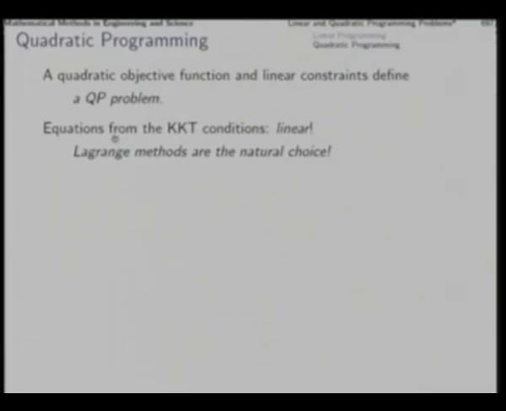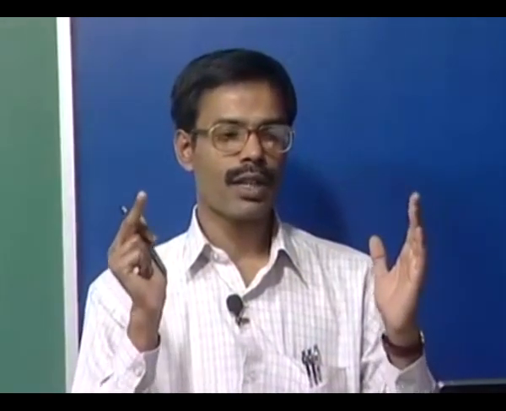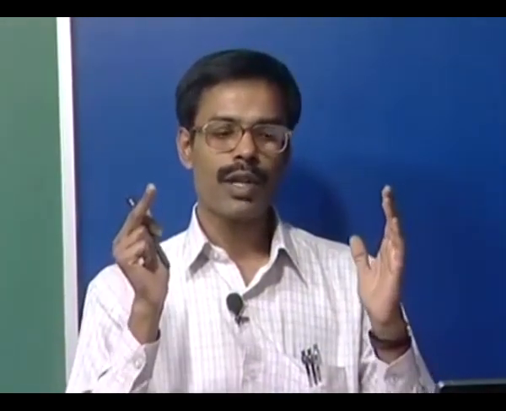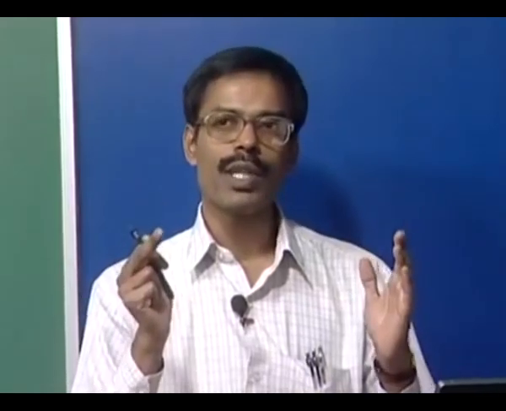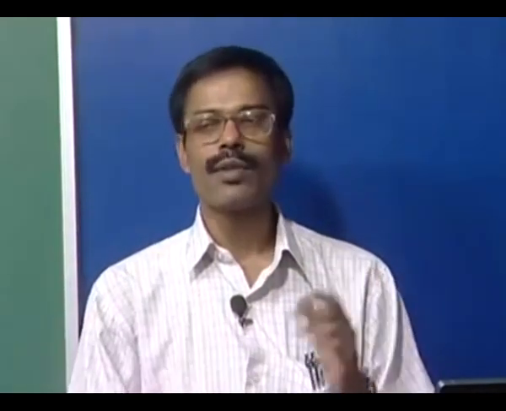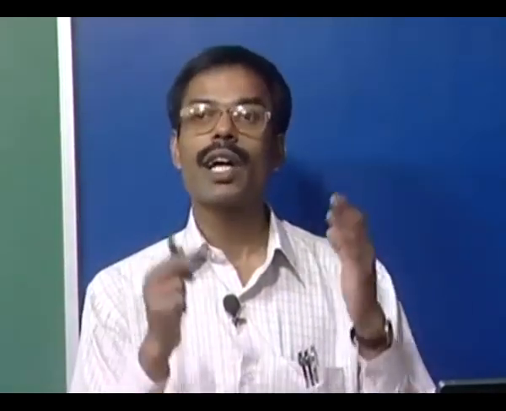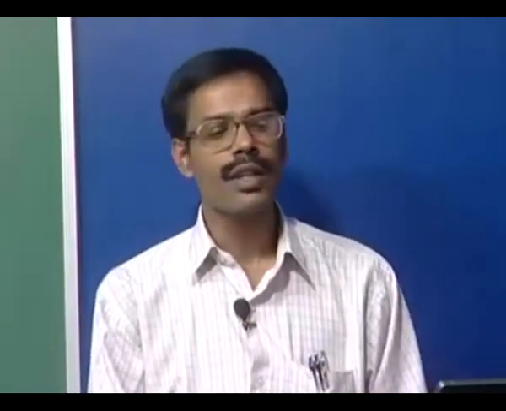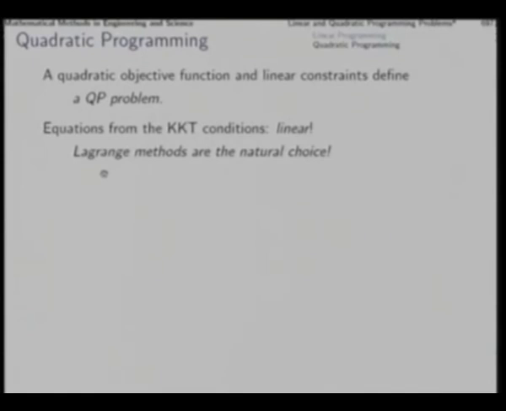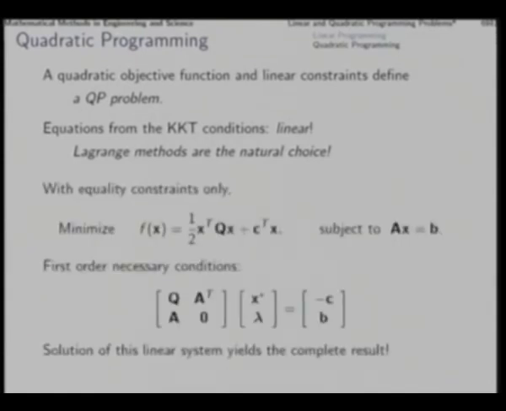So, the equations that you get out of the KKT conditions, the first order necessary conditions, will all be linear equations, and therefore, Lagrange methods which try to directly solve the KKT conditions are the natural choice for a quadratic programming problem.